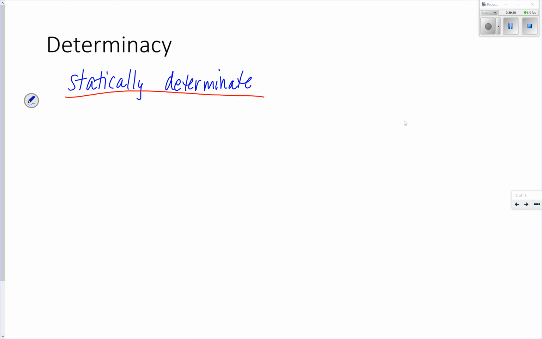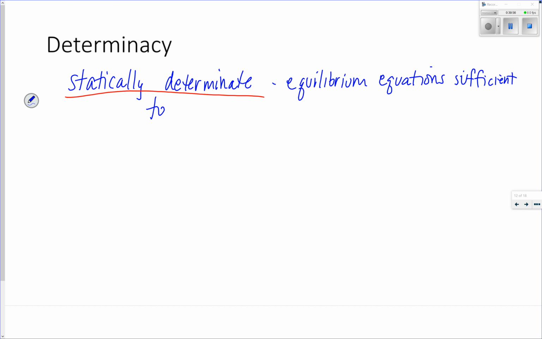I don't need any more information. So equilibrium equations give me enough to solve for my reaction forces and determine their values.